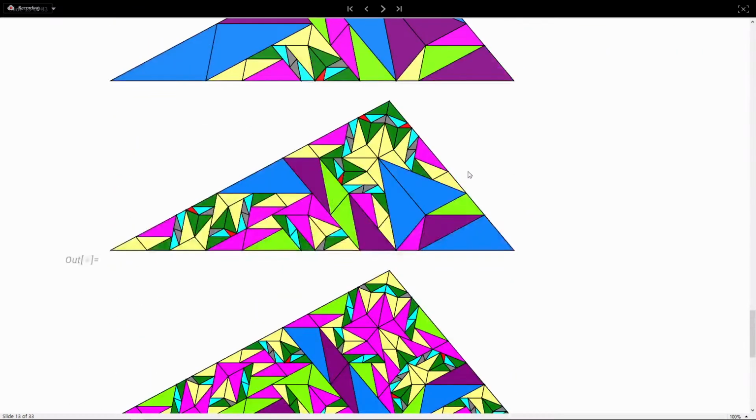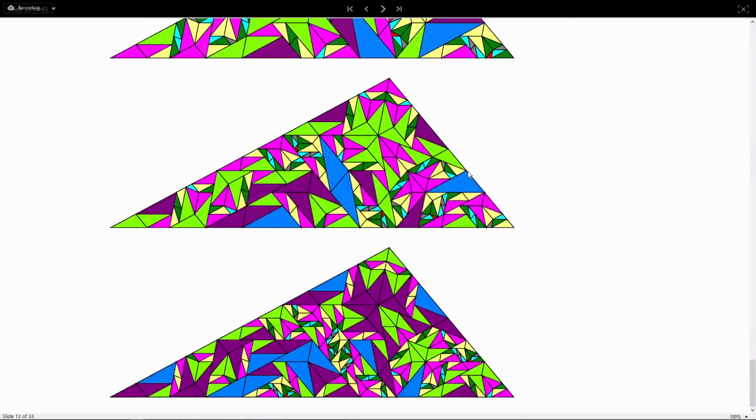And here's how the substitution pattern grows. So you can see that we've got a lot of similar triangles in a chaotic pattern to make up the original triangle, and that all the triangles here are similar to the outer triangle.